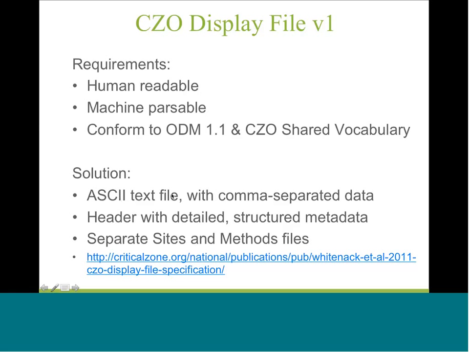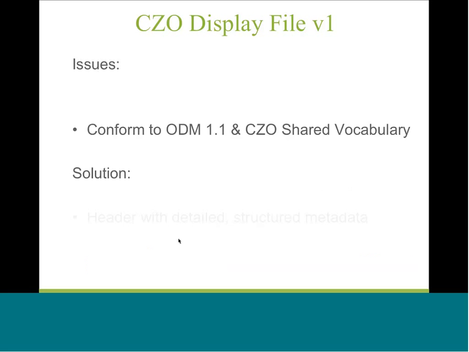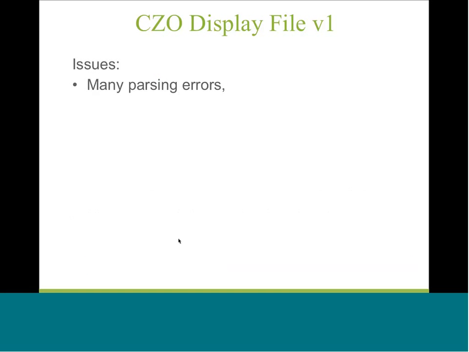So they created an ASCII text file with comma separated values, detailed header with structured metadata. But as they developed it, they realized that this was a classic USGS flat file format, and a flat file is a two-dimensional data array, and it doesn't have that rich information. So they realized that separate sites and methods files were required, et cetera. There were some issues with this approach.